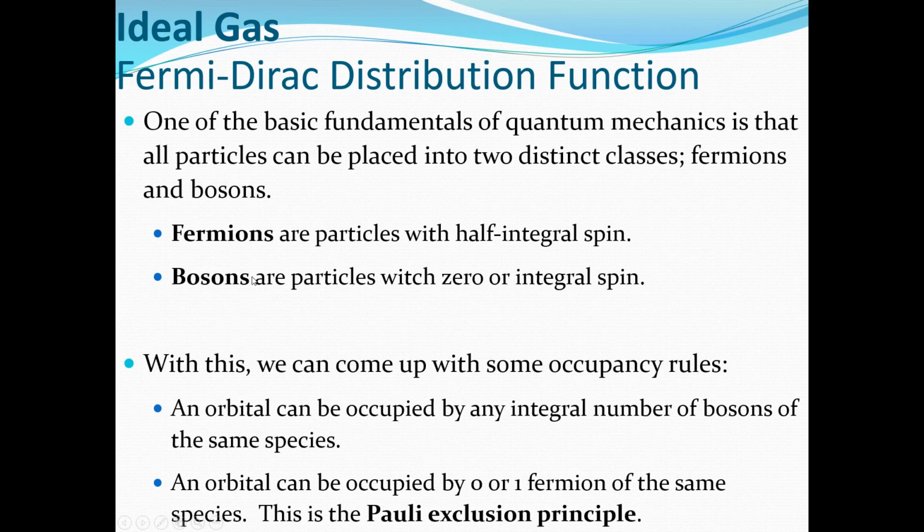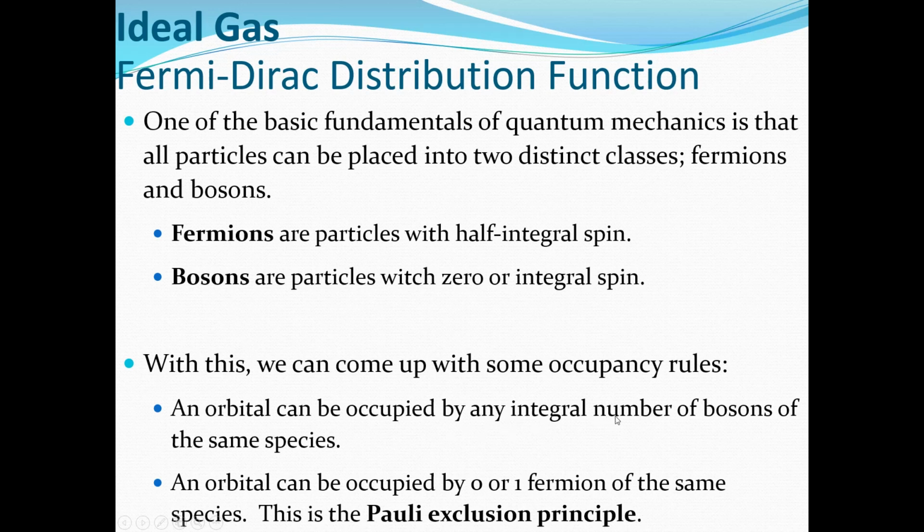Now, what this means is that there are a few occupancy rules that are going to come from this. So, for example, one rule that we end up getting is that an orbital can be occupied by any integer number of bosons of the same species.